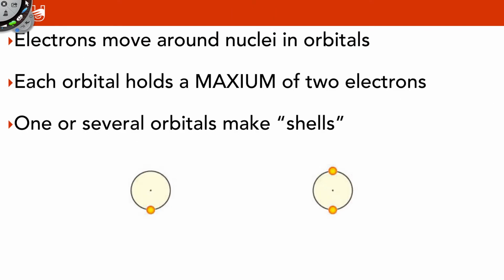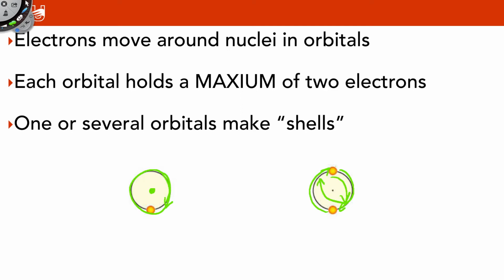Electrons are going to move around the nuclei in predefined paths called orbitals. Here we have one proton and a single electron moving around, and this pathway is an orbital. Here we have two electrons in one orbital, going around in the same pathway around the nucleus.